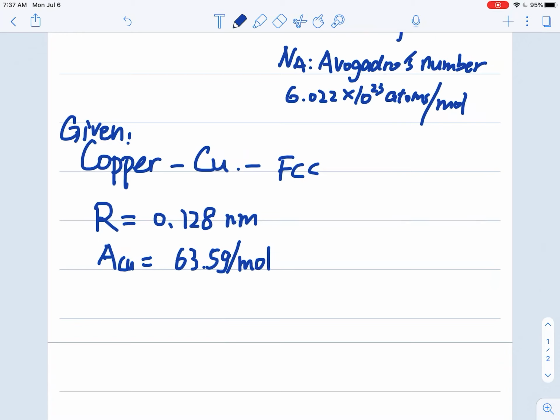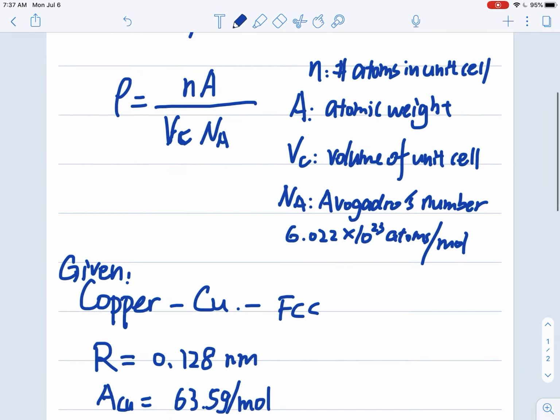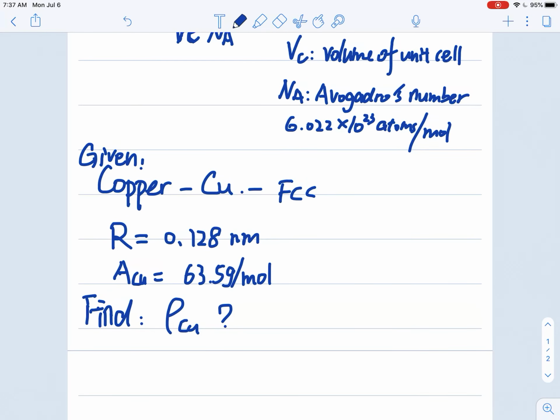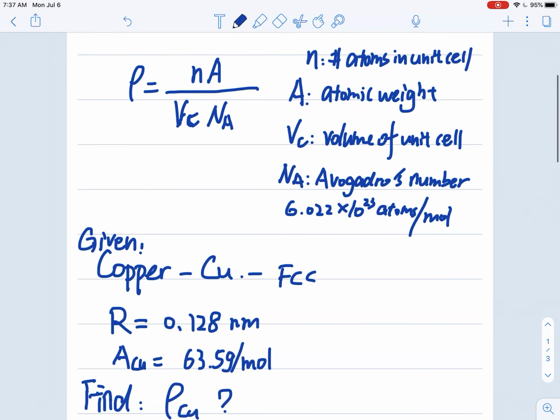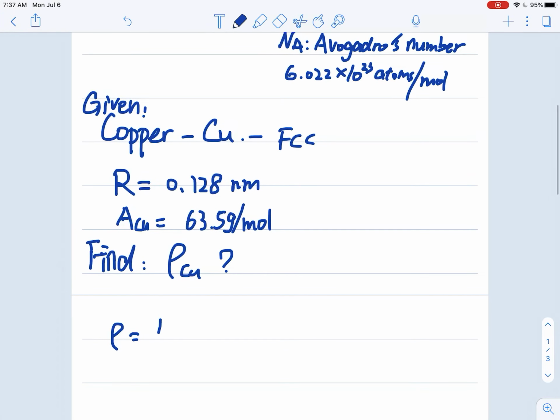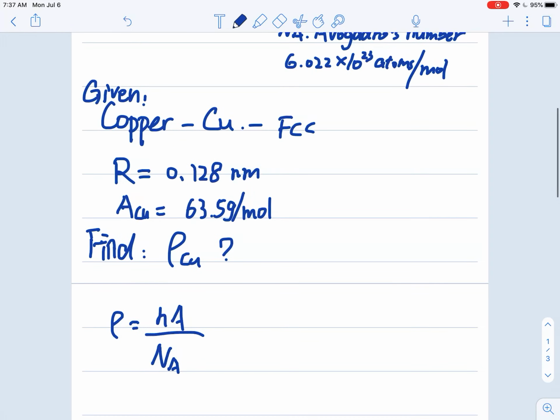We want to find out the theoretical density of copper. Now we can apply the equation. Rho equals, copy the equation, nA over VC NA.